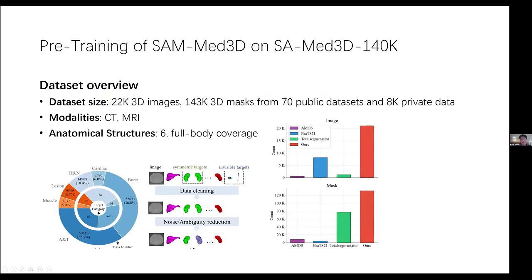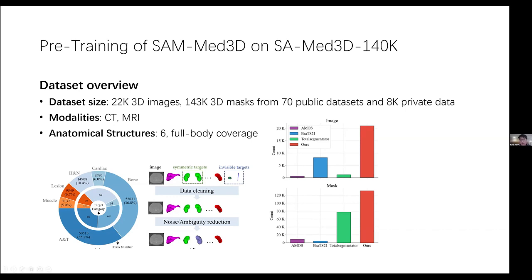As for the details of pre-training of SAM-Med3D, we have published our training dataset. We named it SAM-Med3D, and the dataset contains 22,000 3D images, over 100,000 3D masks from more than 70 public datasets, and 8,000 private data collected by us.